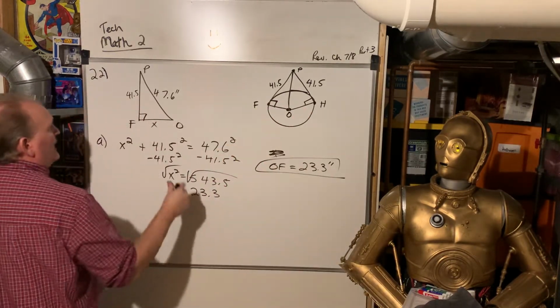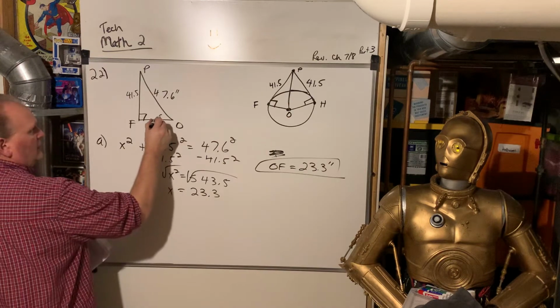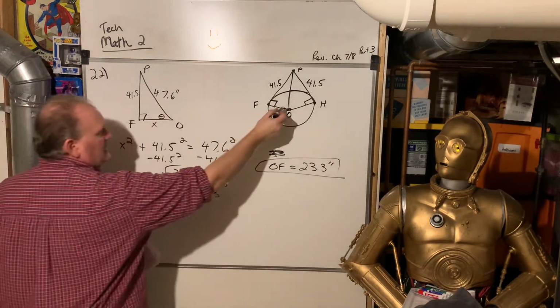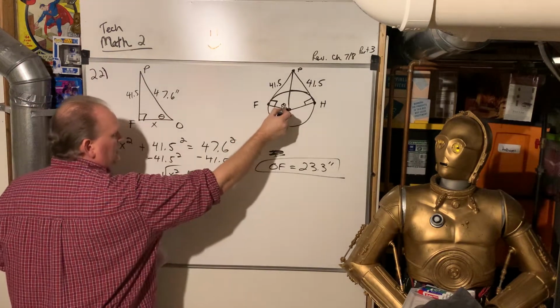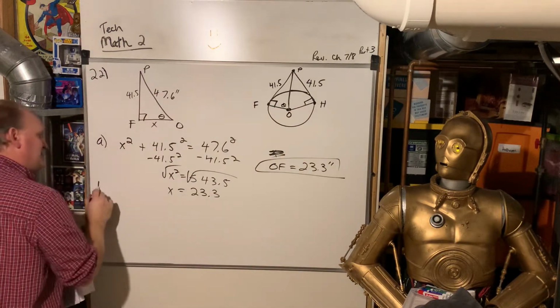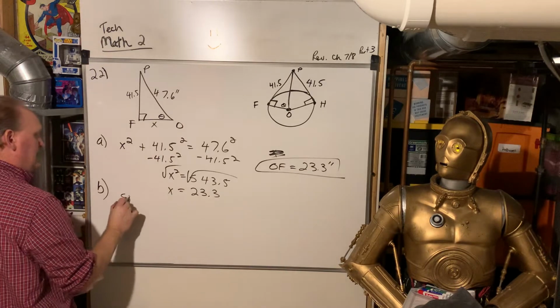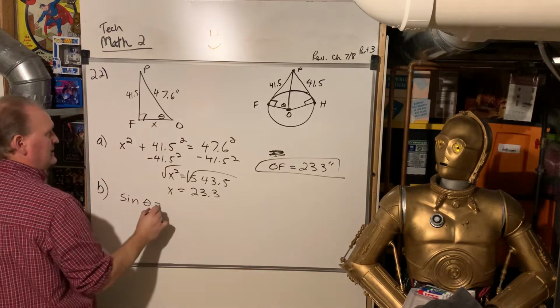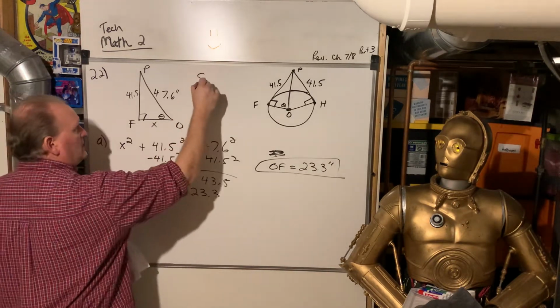So that's not a problem, because now, look, we want to find this angle right here. That's opposite and hypotenuse. That is sine again, remember SOHCAHTOA.